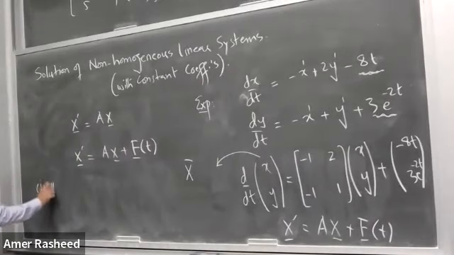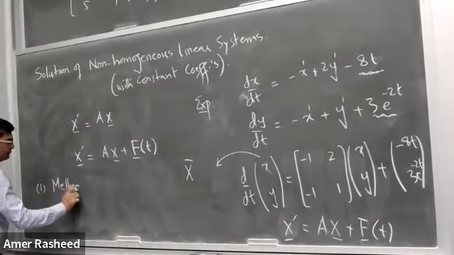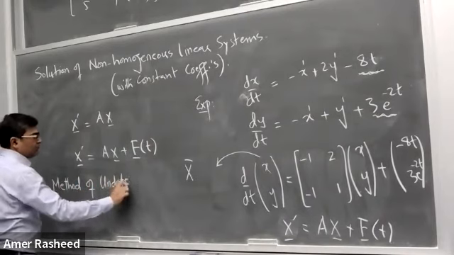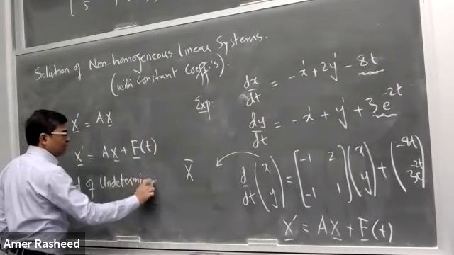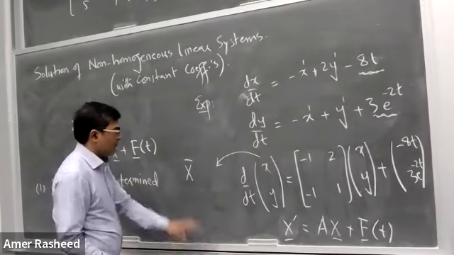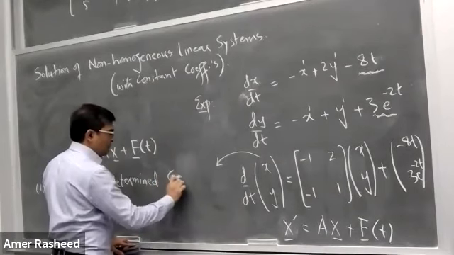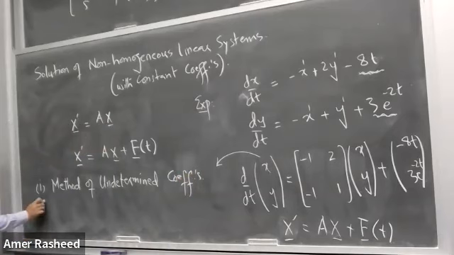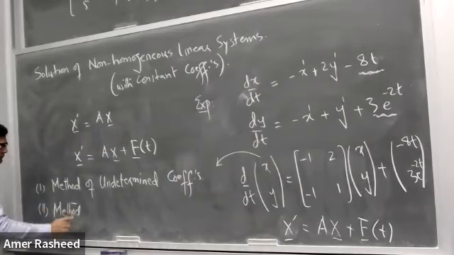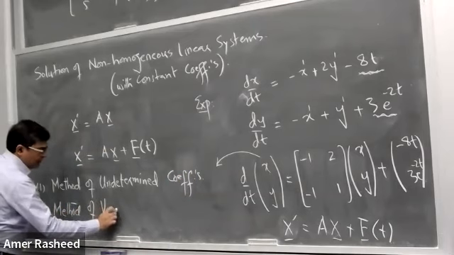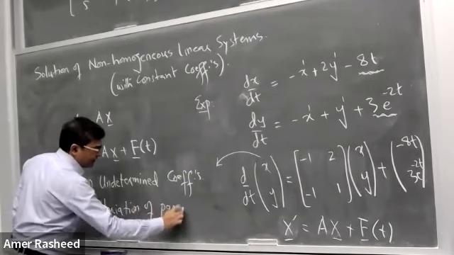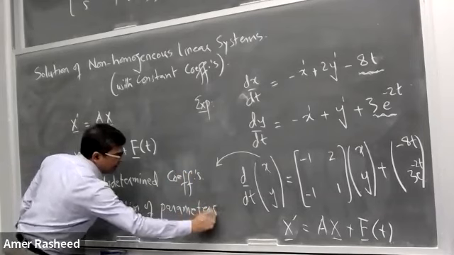Number one is the method of undetermined coefficients, and the second is the method of variation of parameters.